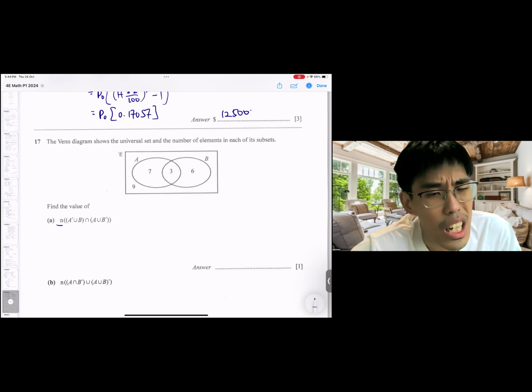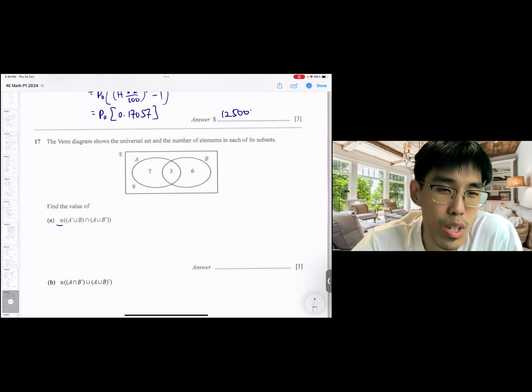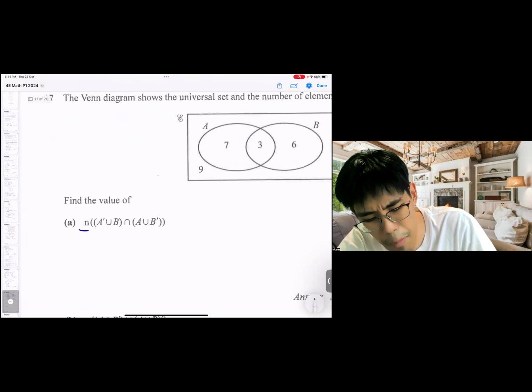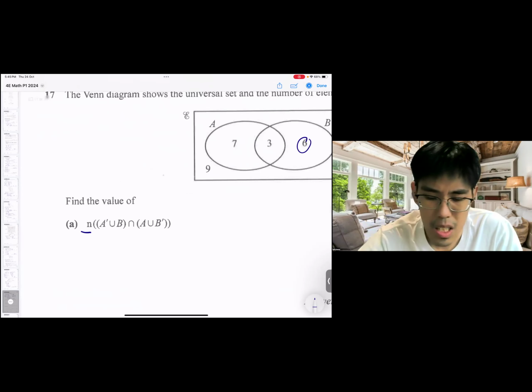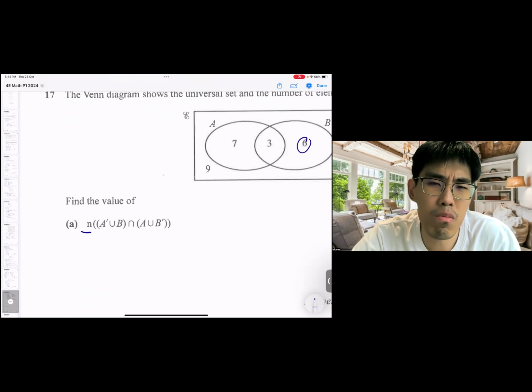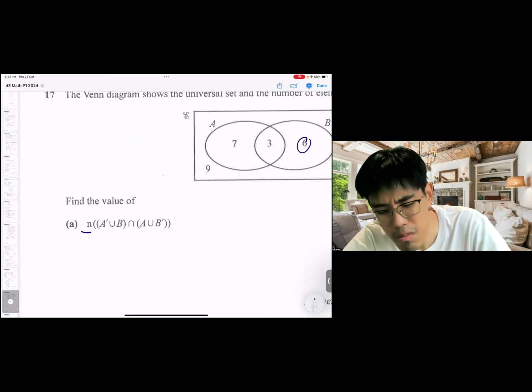Okay, A prime union B means A prime union B is 6, intersect with A union B prime, which is 7.